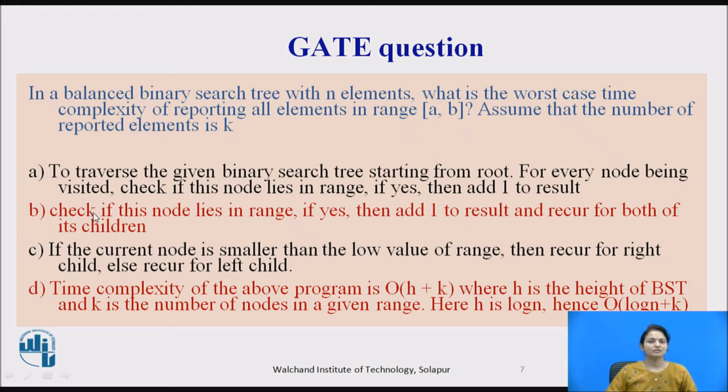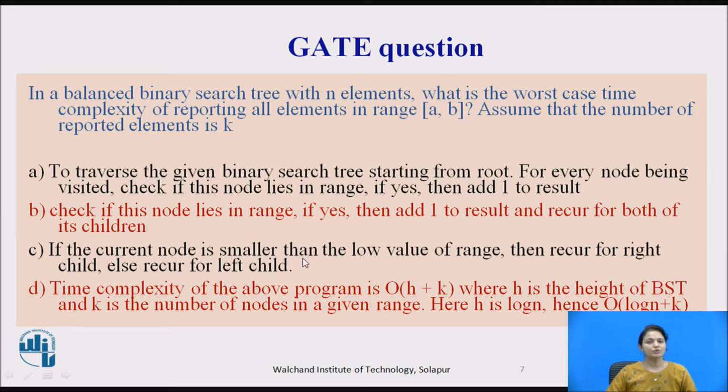Now the same we will go for a different way to traverse the given binary search tree starting from the root. For every node visited, check if the node lies in the range. If yes, we add 1 to the result and recur for both of its children.